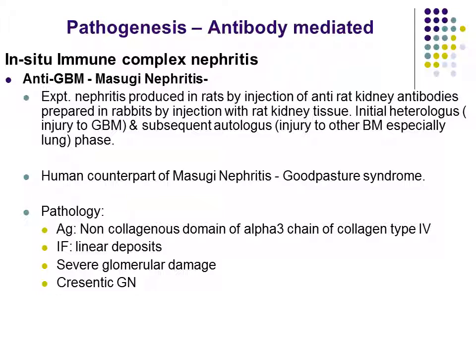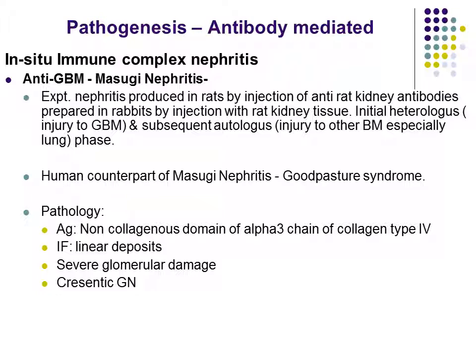So initially there was heterologous injury to the glomerular basement membrane, and subsequently there is an autologous phase. There is injury to other basement membranes apart from just the kidney, like the alveolar basement membrane of the lung.